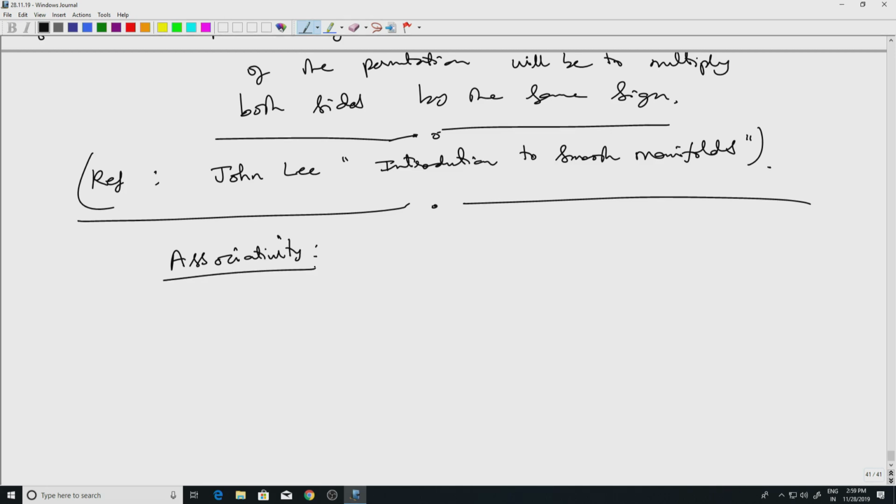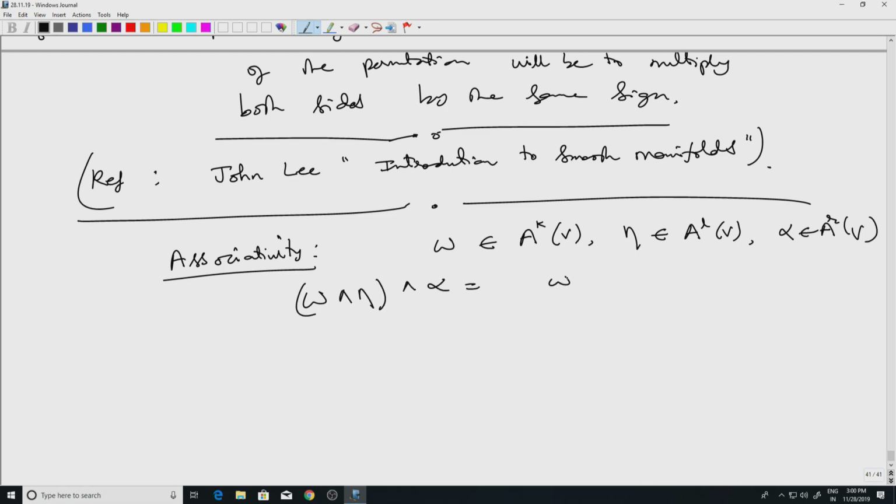So I have omega in AkV, eta in AlV, and let's say alpha in ArV. So one wanted to check that this is equal to this.